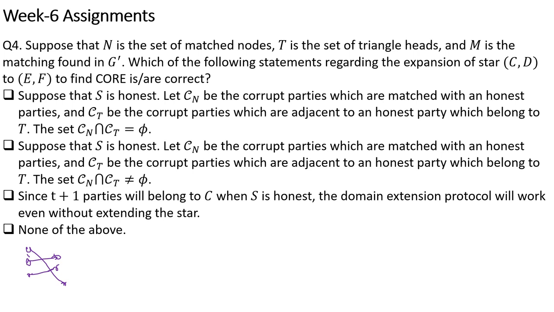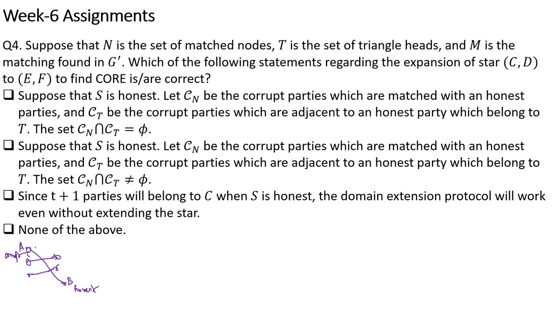This is a kind of matching. Now, Cn is the set of corrupted parties which are matched with honest parties. So let's say there is some node A belonging to Cn, that means it is matched with an honest party B. So this is an honest party and this is a corrupted party.